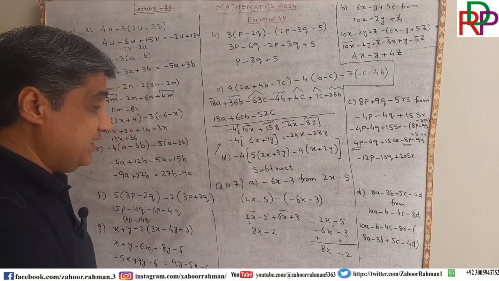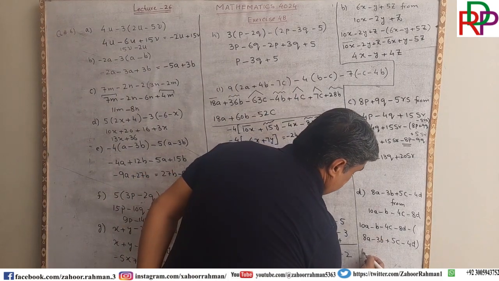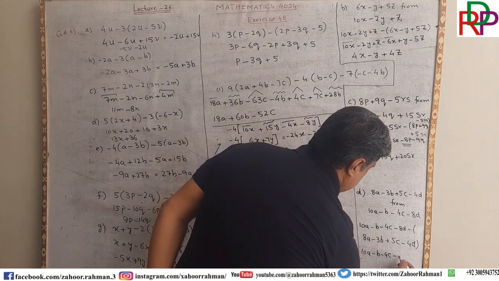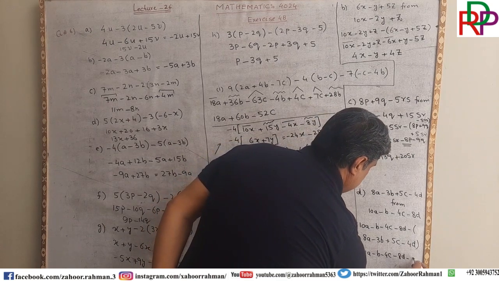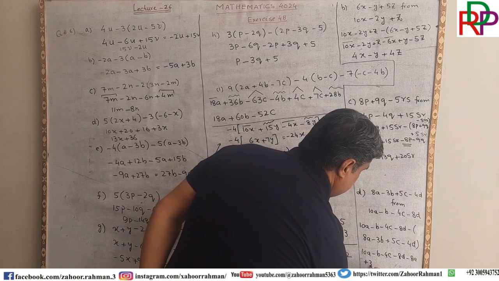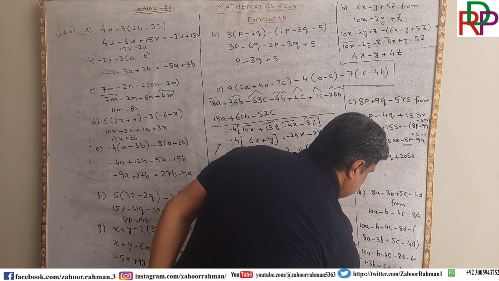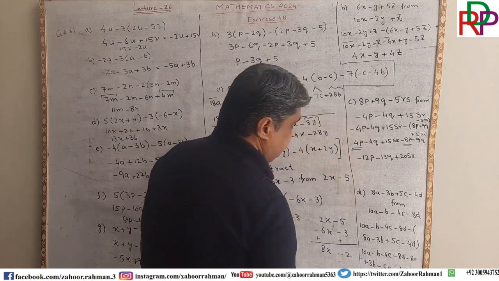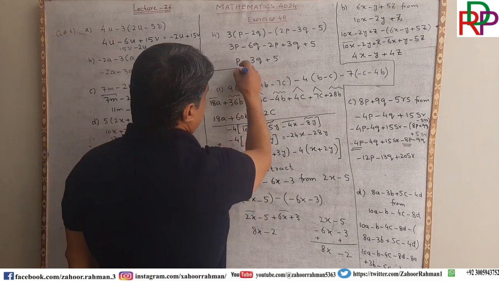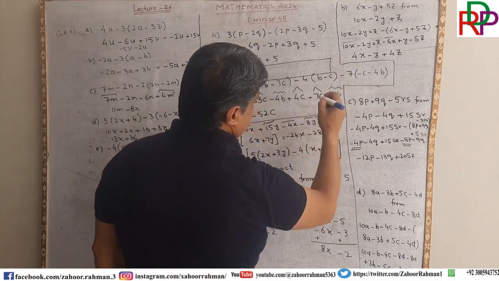Why am I writing it in the bracket? Because I have to change the sign. So 10a minus b minus 4c minus 8d minus 8a plus 3b minus 5c plus 4d. Now corresponding values should be added and I am writing it here.